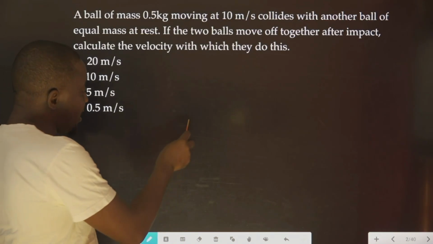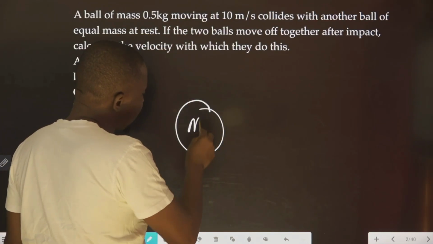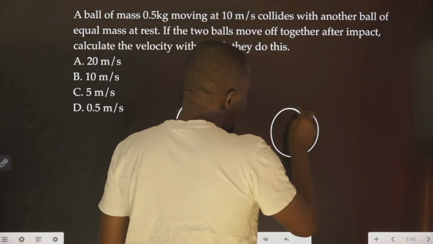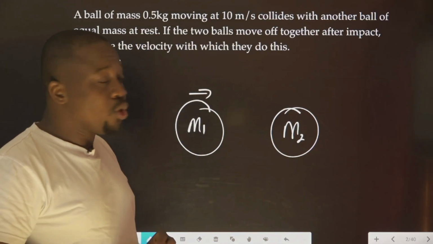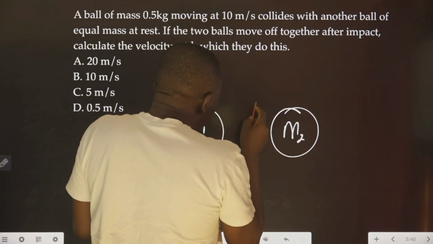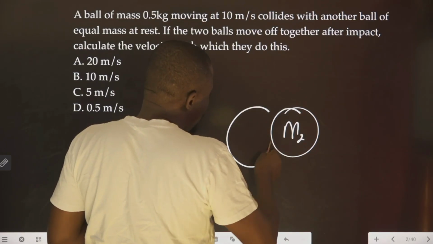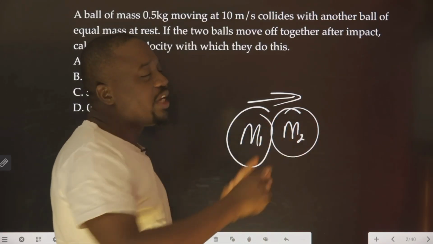Let's call this ball with this mass M1, moving in this direction. There is another ball, let's call it M2, that was at rest, that was not moving. So once this ball comes closer and collides with this ball, the two of them start moving in the same direction.